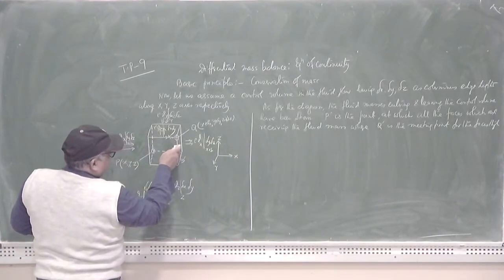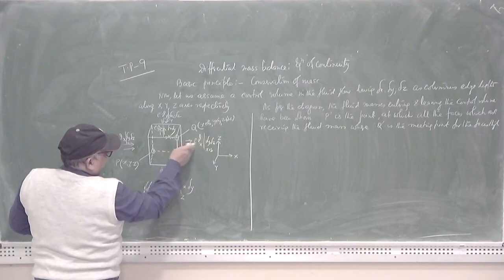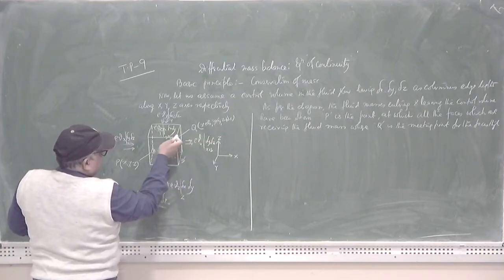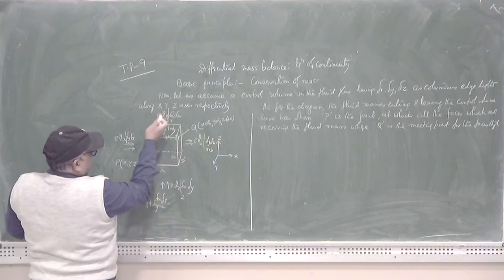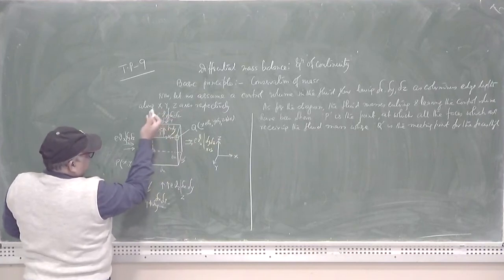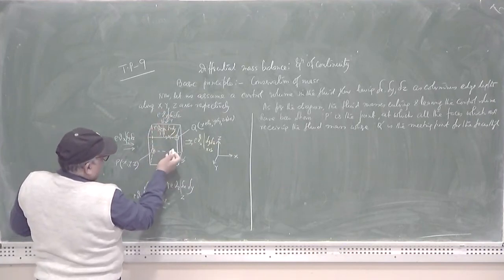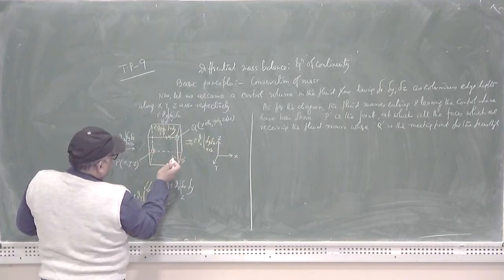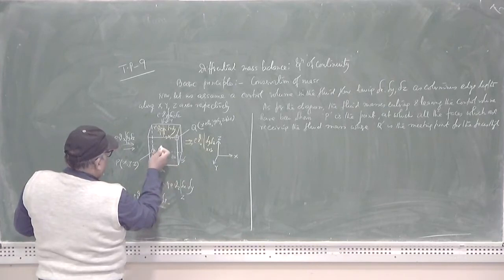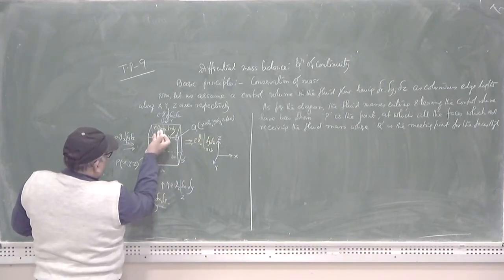This is the one surface through which this fluid mass is leaving. This is also another surface through which fluid mass is leaving along the z axis, as well as through this surface.